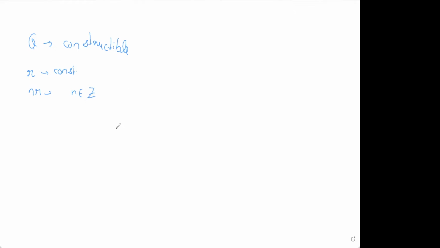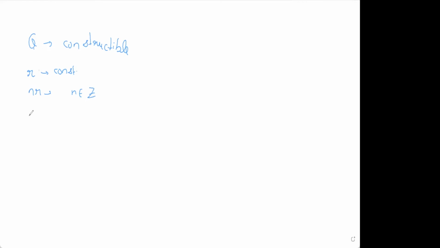Now we want to show that everything in Q is constructible. Clearly, suppose R is constructible, then we have that NR is also constructible, where N is in Z, because you can just keep on repeating the process N times.